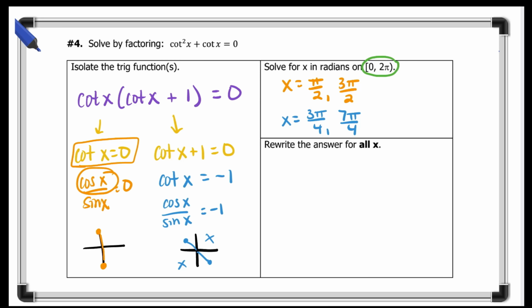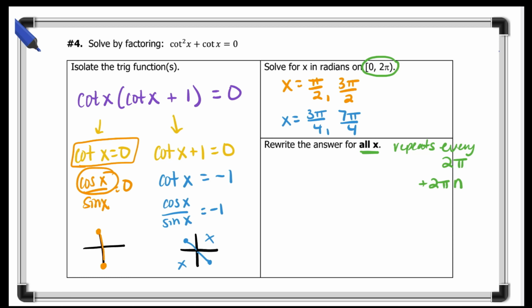In this third step, we are rewriting the answer for all the x's. Something you need to remember is that whenever a trig equation repeats, it repeats every 2 pi. So we have our solution, and since it repeats every 2 pi, we add 2 pi n.